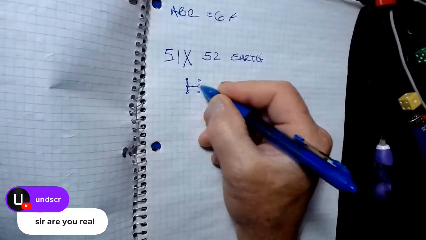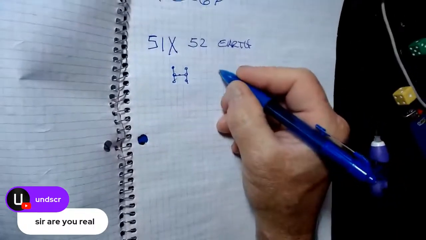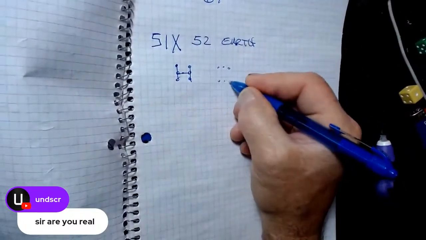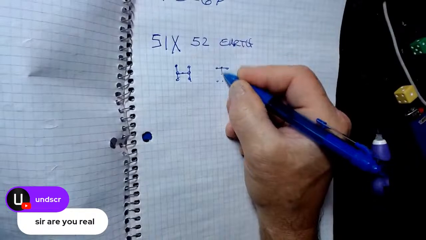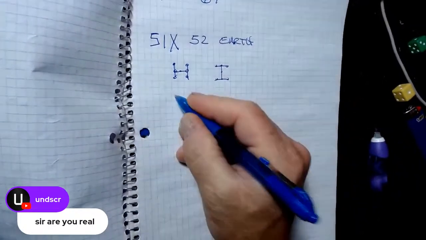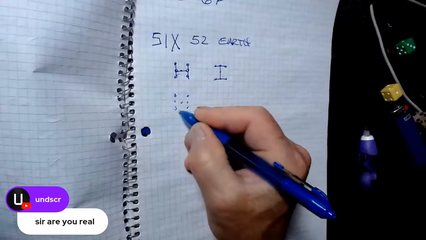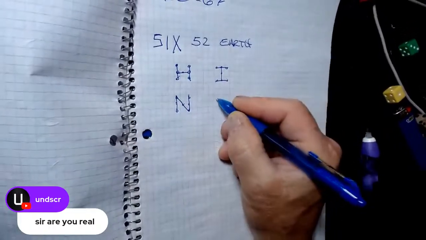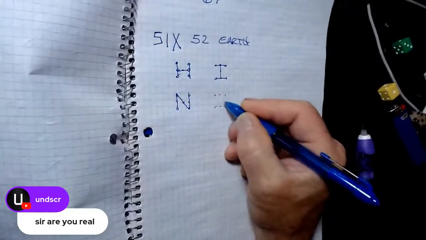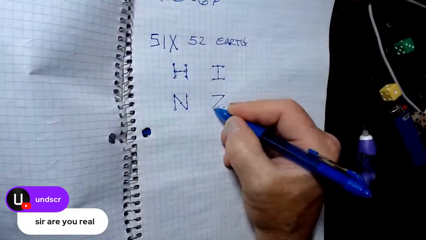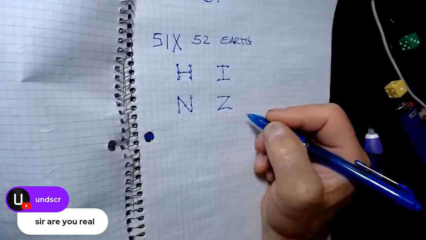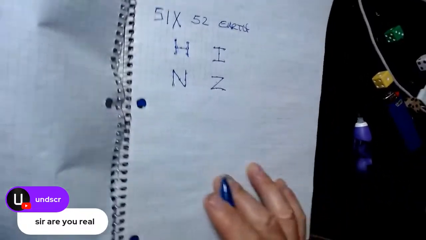If I put a dot here, we look like this. If I do it this way, we look like this. At the same time that you can see this, you can also see this. And when we're doing this, we can also do this. There's other things we can do.